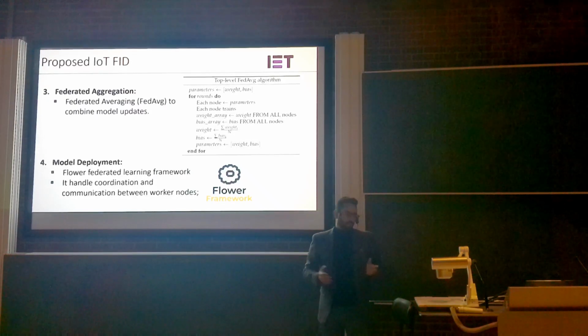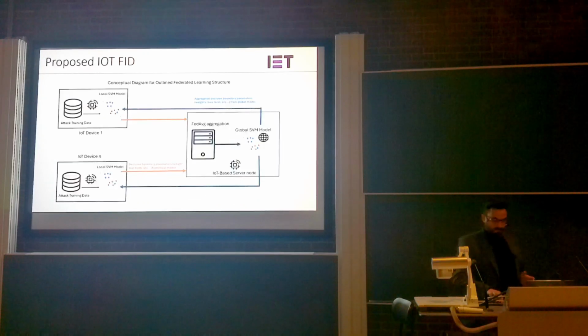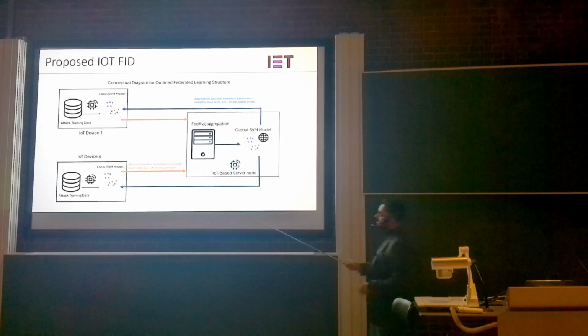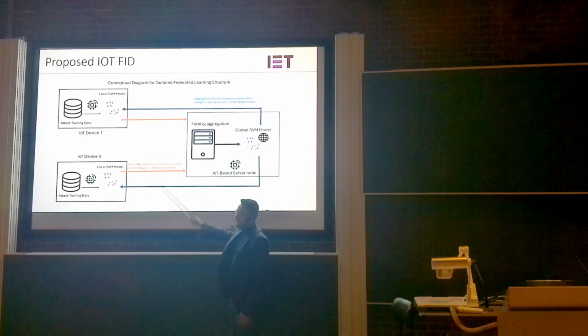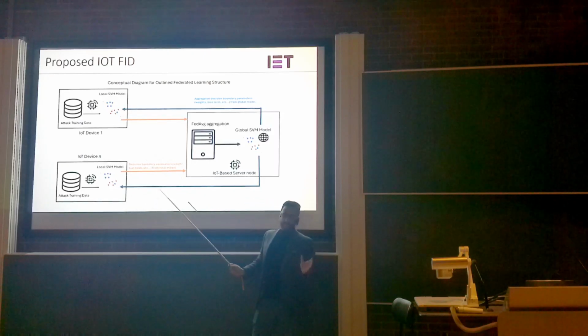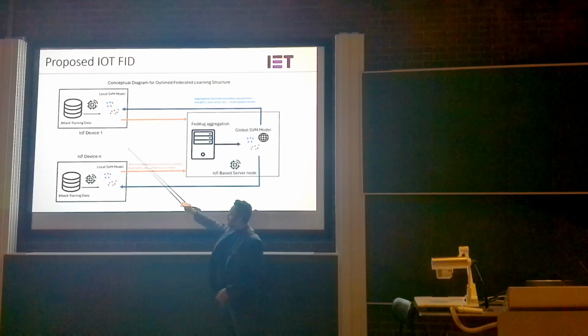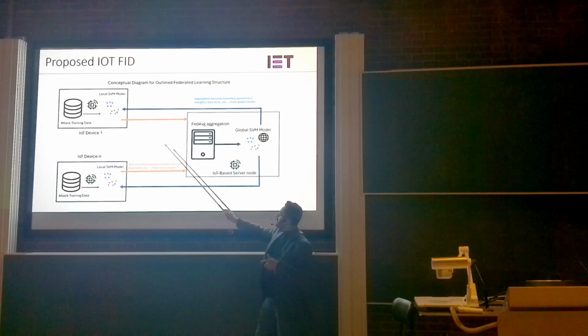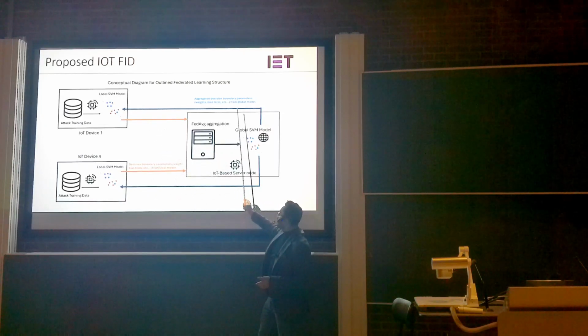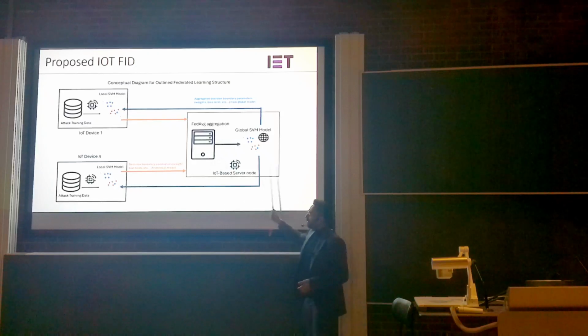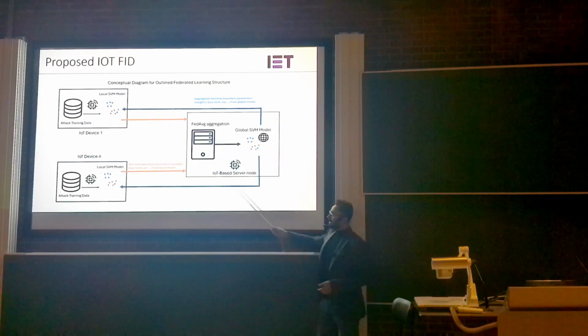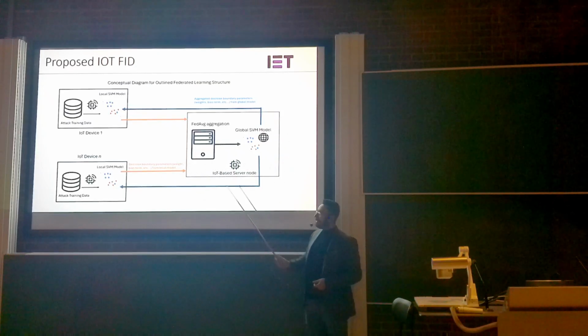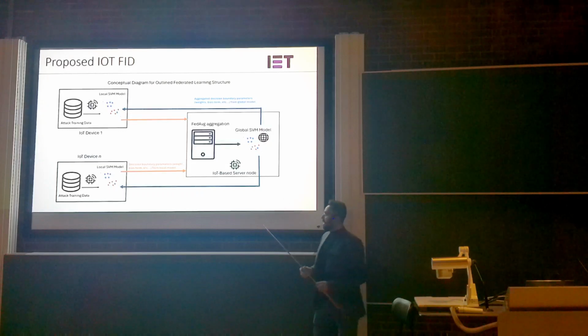As I said before, we have multiple IoT devices. You can think of those IoT devices as Raspberry Pis, so multiple microcontrollers, and then you have one master server that aggregates all the models from the different IoT devices.